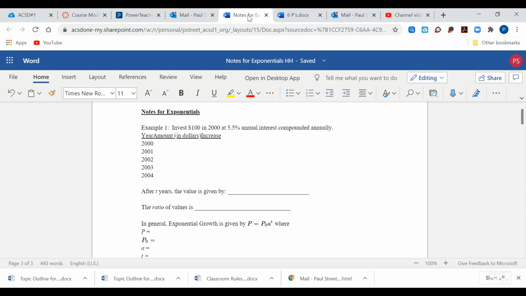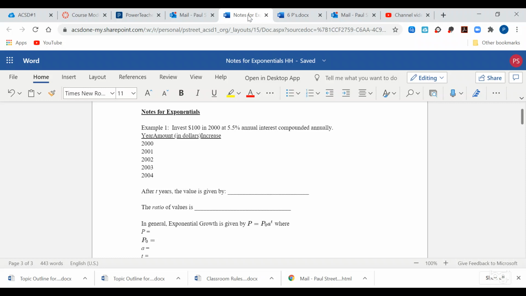So they're asking us for the amount A of T, what's that formula going to look like after T years? 100 times 1.055 to the T. Nice, exactly. So it's exponential. And I don't care if you use Y's and T's or X's or whatever, but that's the idea. So it's going to be A of T is 100 times 1.055 to the T.